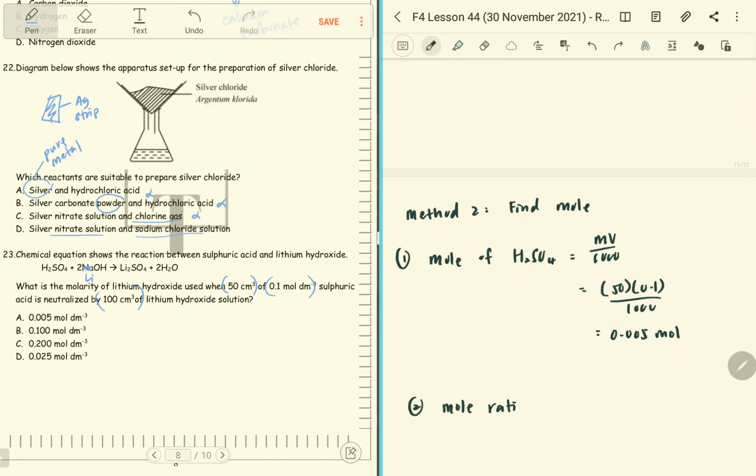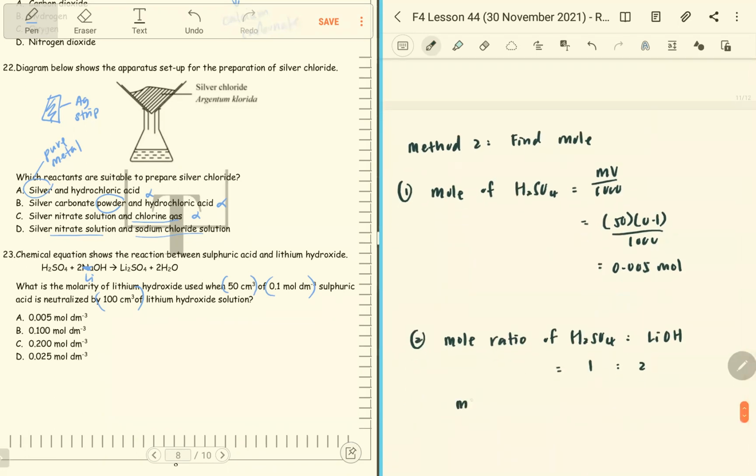So the mole ratio is 1 to 2. That means your mole of LiOH equals 0.005 times 2, which equals 0.01 mole.